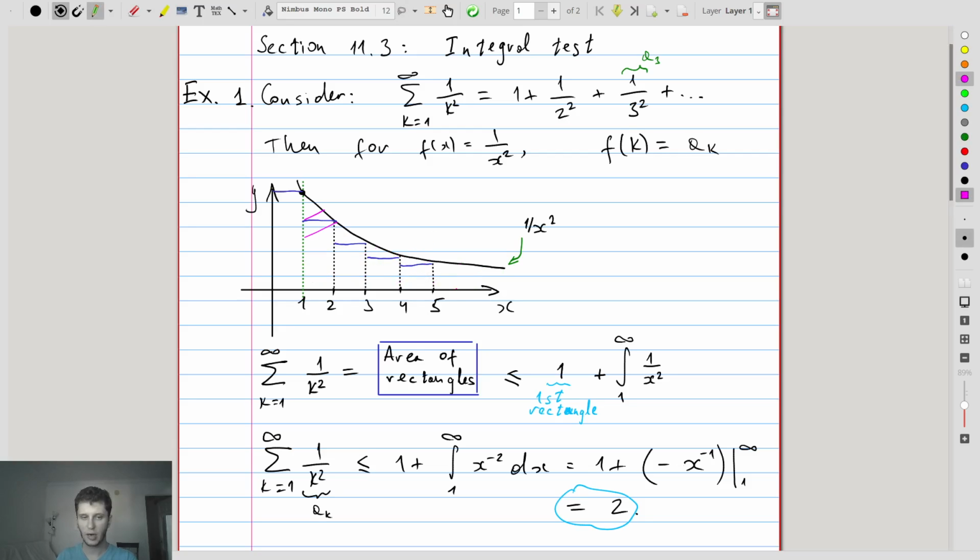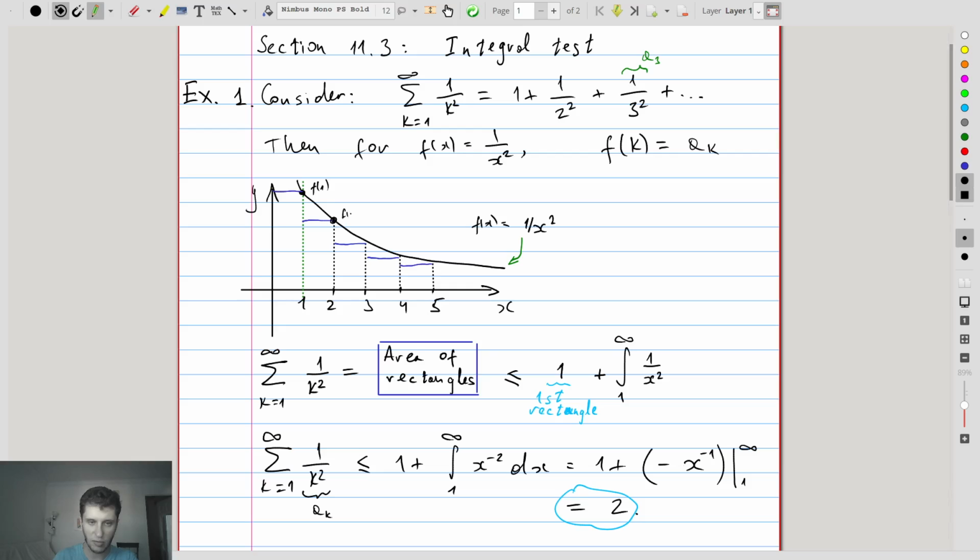On the other hand, how do we show our series in the picture as some area? What we do is we consider points on the graph which correspond to the values of f at positive integers, right? So this is x equals 1, so this corresponding y value must be f of 1.